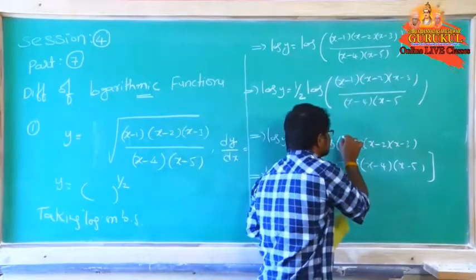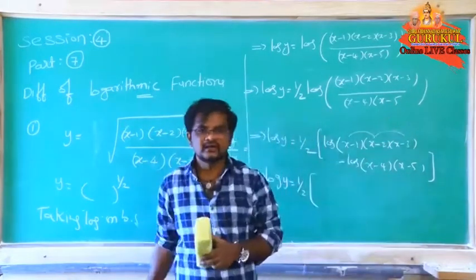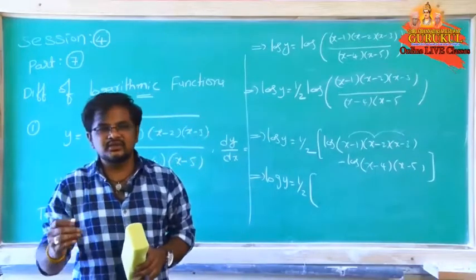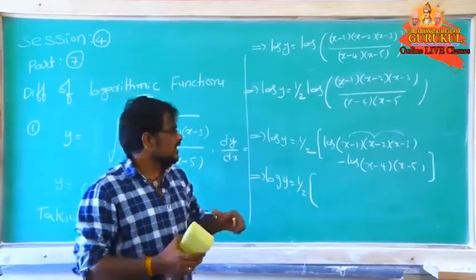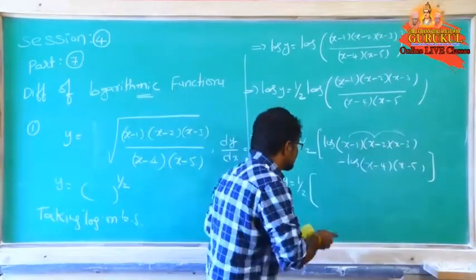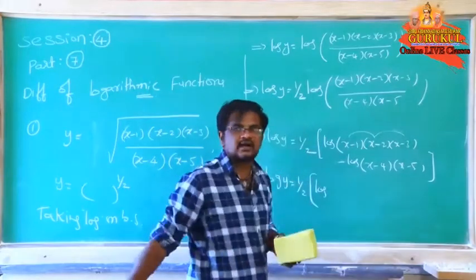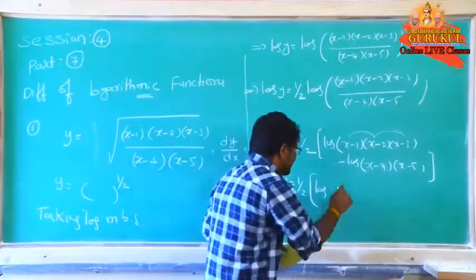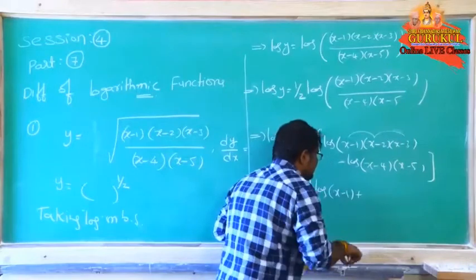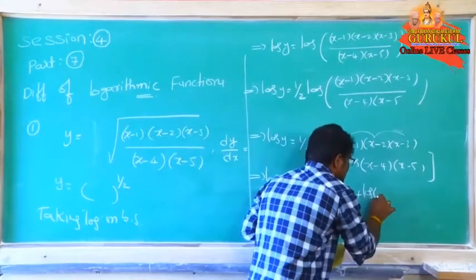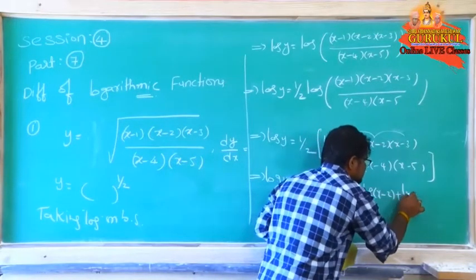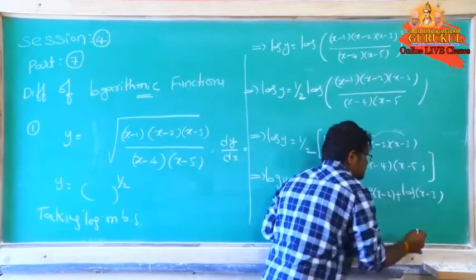Again here what is there once you observe? Log of a into b into c, how to write? Log a plus log b plus log c. By that formula, log of x minus 1 plus log of x minus 2 plus log of x minus 3.